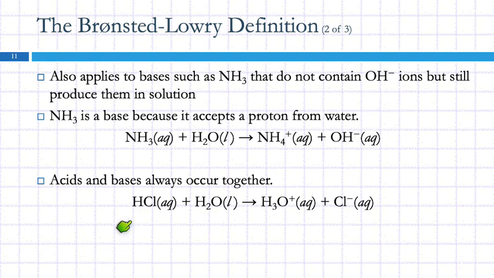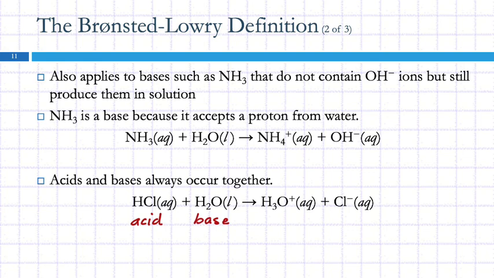So if we look at this reaction with the acid here, there has to be a base as well. So this is donating a hydrogen ion. What is accepting the hydrogen ion? The H2O. So this is our acid, HCl, and water here is acting as a base.